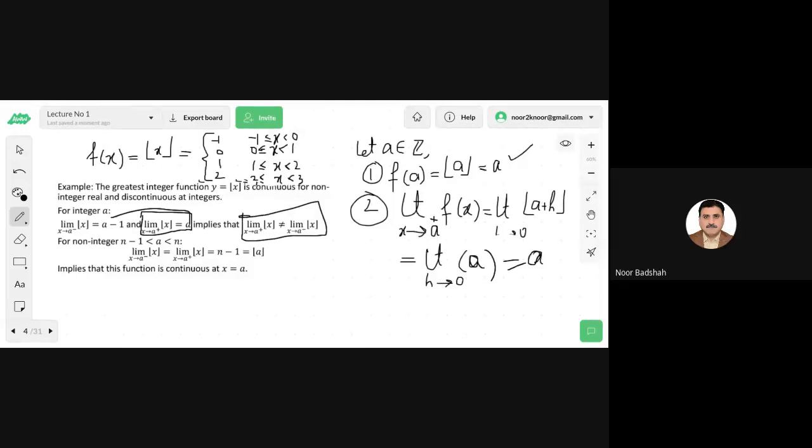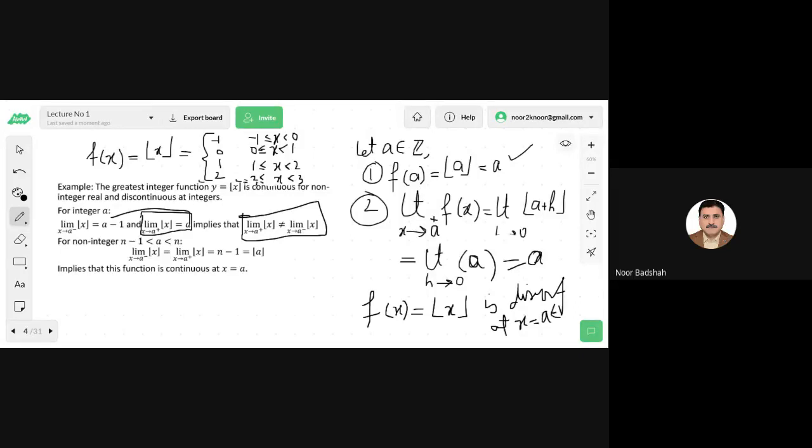Therefore it is proved that f of x equal to greatest integer x is discontinuous at x equal to a, where a is any integer.